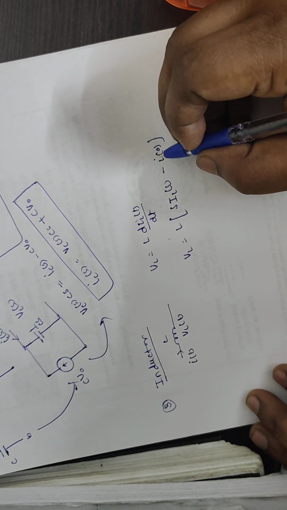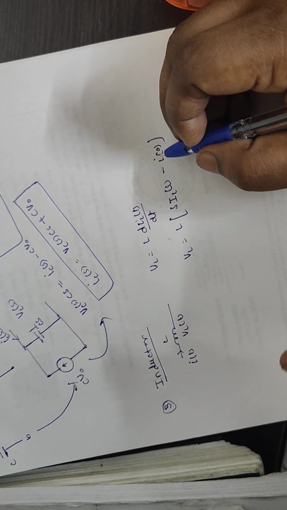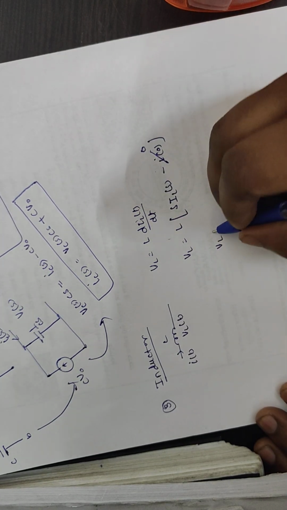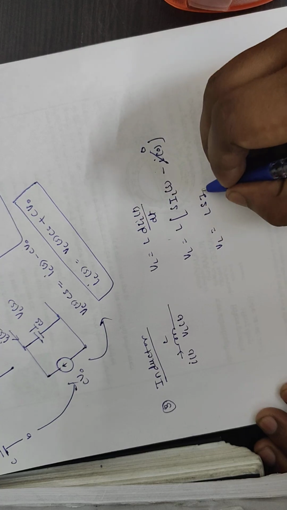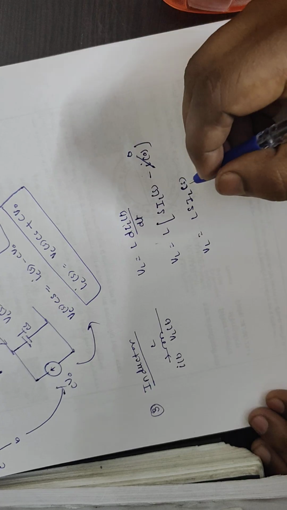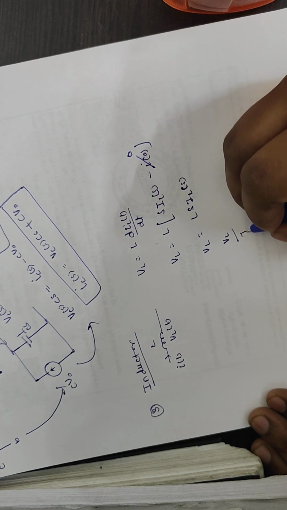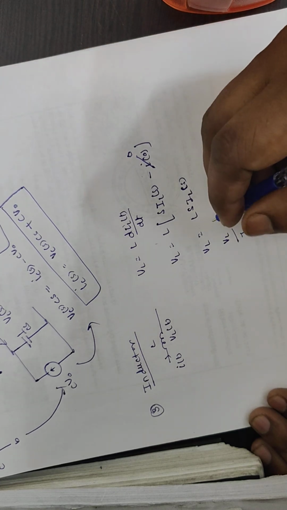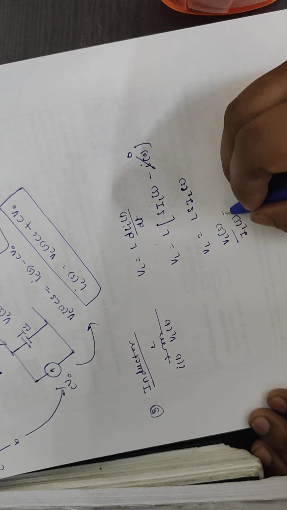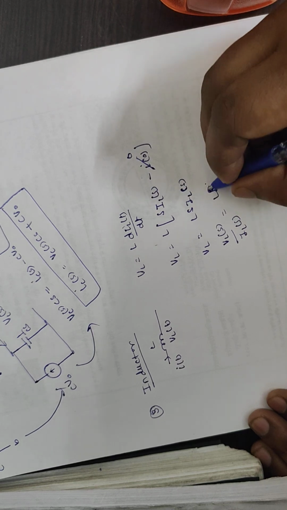There is no current present before in the inductor, so that current will be 0: L into S into I(L)(S). So V(L)(S), we can say when we have taken the Laplace transform, is LS only.